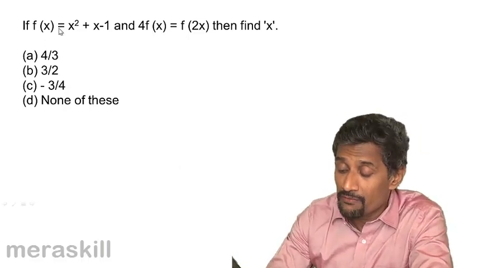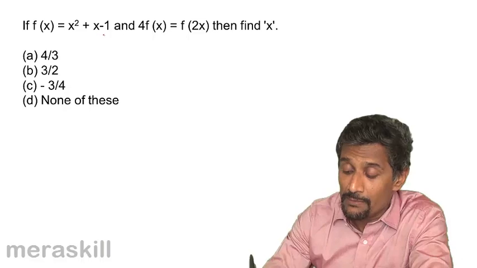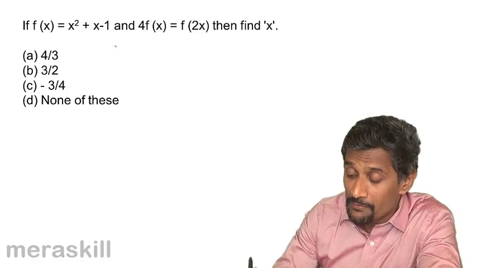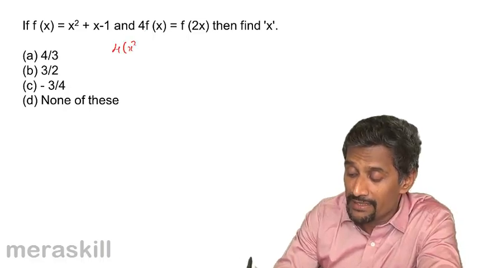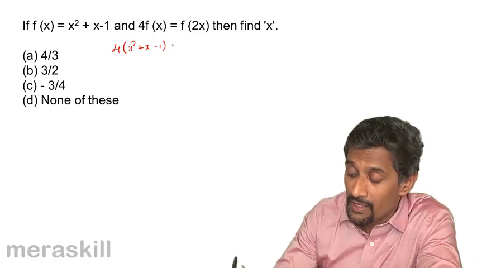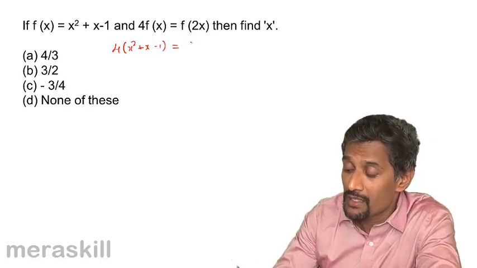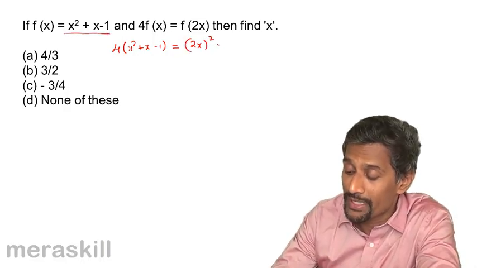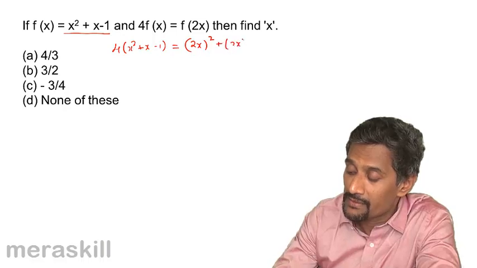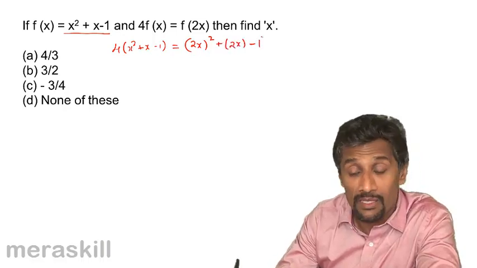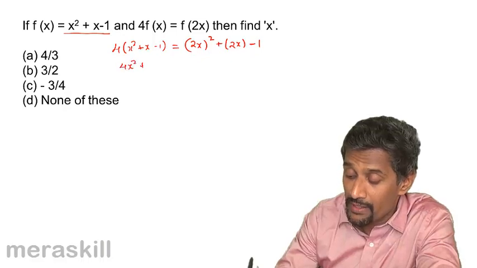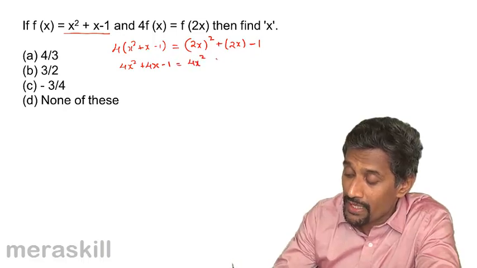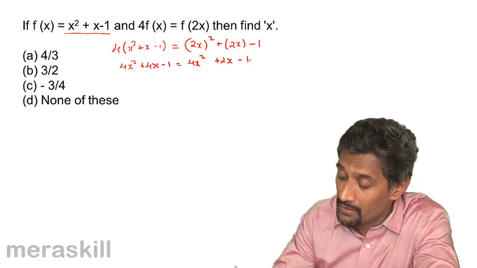So we have a situation wherein f(x) is x squared plus x minus 1, and 4 times f(x) is f(2x). Which means 4 times (x squared plus x minus 1) is f(2x), which means (2x) squared plus 2x minus 1. That is, in this relationship you substitute 2x in place of x. So this gives you 4x squared plus 4x minus 4 is equal to 4x squared plus 2x minus 1.